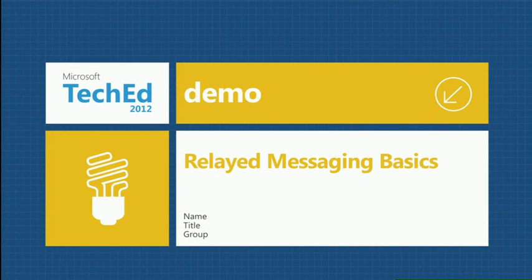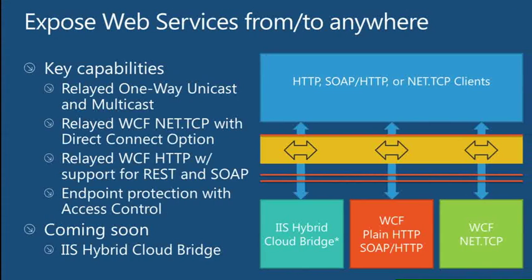So let me just go and clean up. So what we've seen is we have seen 2 capabilities here. We have seen relayed WCF net TCP. That is the preferred way we think you should expose your services through Service Bus because it's the most efficient route.